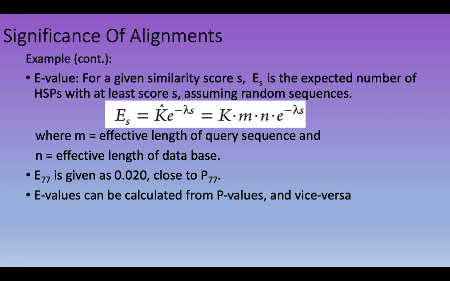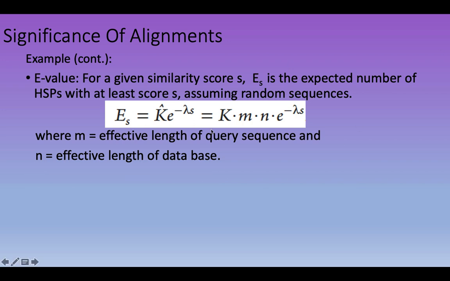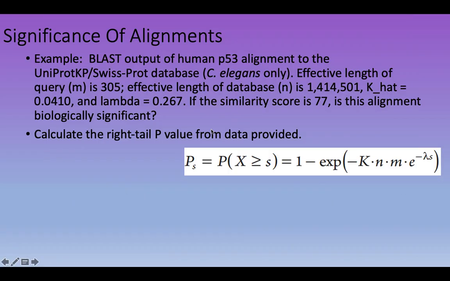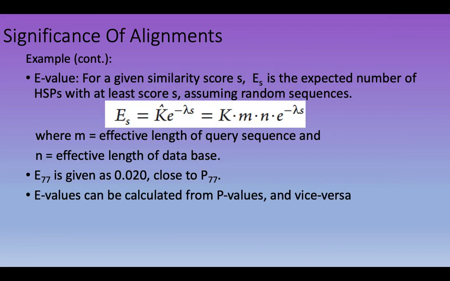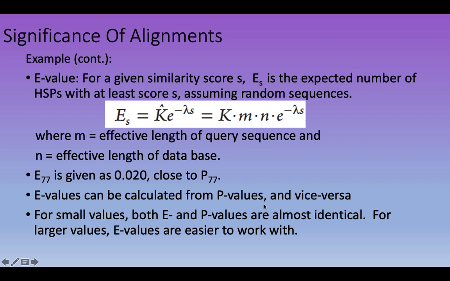If we look at this equation and go back to this equation, we can see there are definite similarities between the p-values and the e-values, but it's not quite the same equation. We actually can calculate e-values from p-values and vice versa if we really want to.